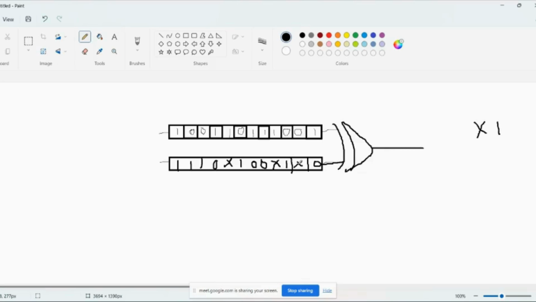1 and X, what is the value? X. Everybody, please answer, everybody. 1 and X, an XOR gate.